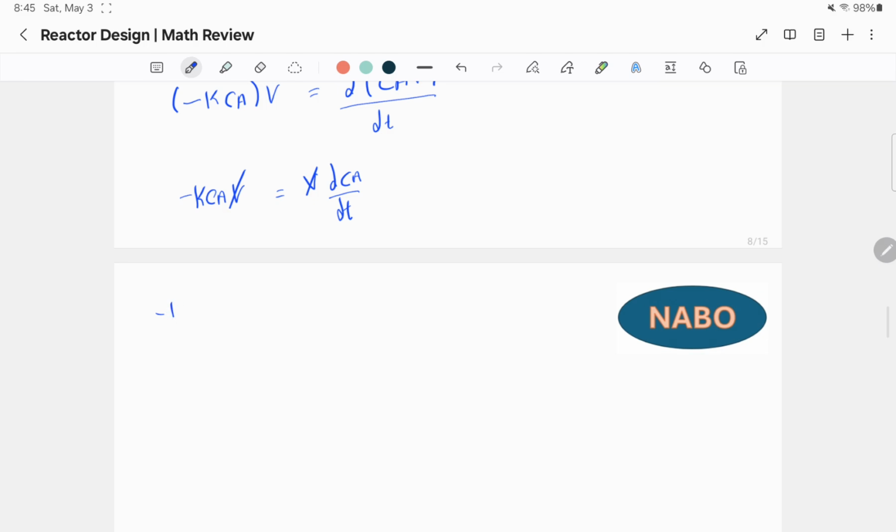We'll be left with negative K CA equals dCA over dt. Now we'll rearrange this equation. We'll move the dt to this side and the CA to that side: negative K dt equals 1 over CA dCA.